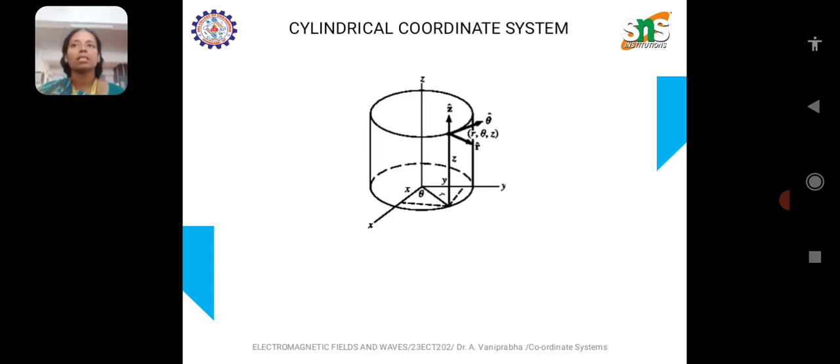Next is the cylindrical coordinate system. The cylindrical coordinate system is easily applied to surfaces with a cylindrical structure, like a pipe, as I mentioned now, a gas or oil pipe.